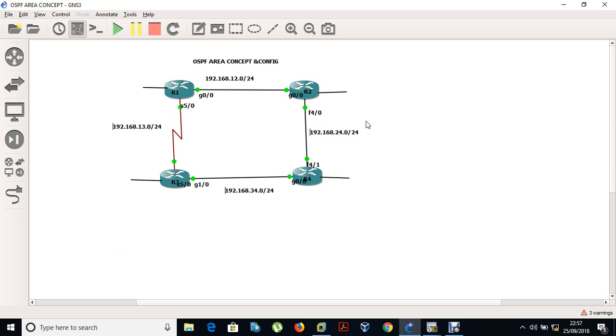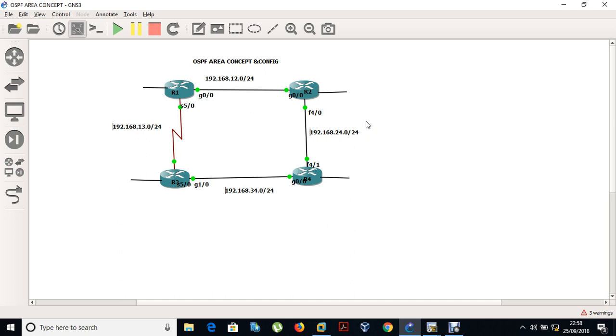But instead of having detailed information, because every area has every link's information, so any router within that area has detailed information, if they are in a different area they will have just a brief of it.